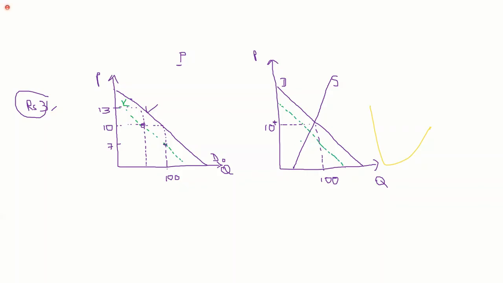Right, so what happens now? Demand has shifted, therefore there's a new equilibrium point. The equilibrium is the point where the supply and demand curves cross each other. Before the tax, this was the original market equilibrium. But now, because of this tax, there's a new equilibrium.